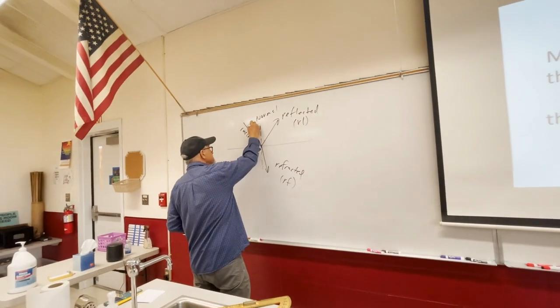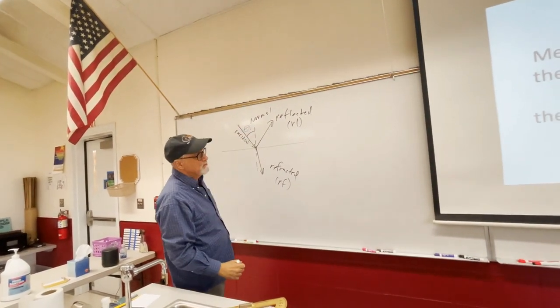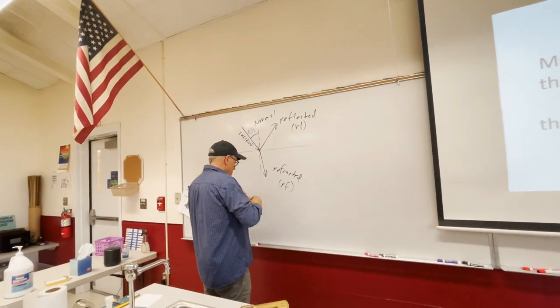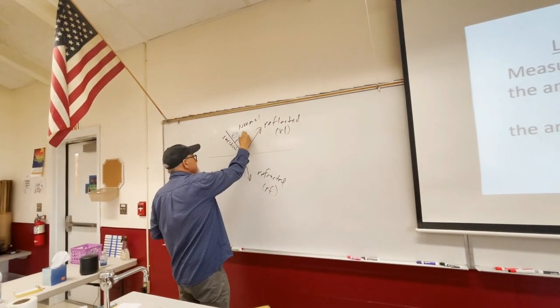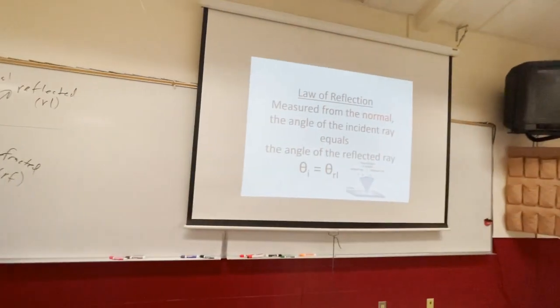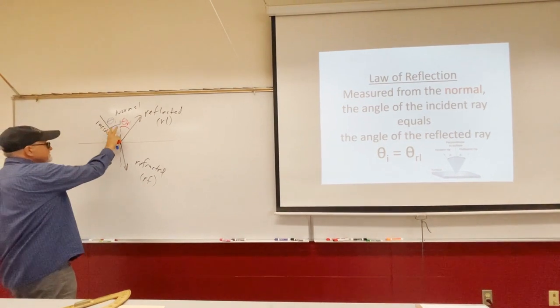So this is the angle of incidence. It's measured from the normal, and this is the angle of reflection. Okay, you don't measure it here, you don't measure it here, you measure it from the normal.